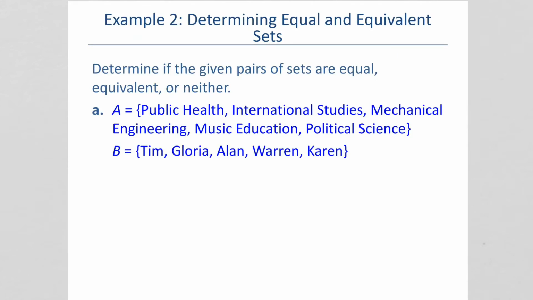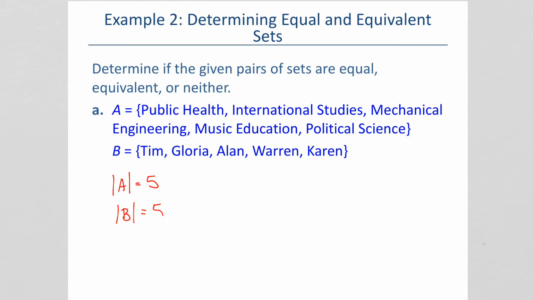Determine if the given pairs of sets are equal, equivalent, or neither. So the first one, I'm not going to read it for you. You can probably see right away that they're not equal. Let's see what the cardinality of each is. So A has 5 items.